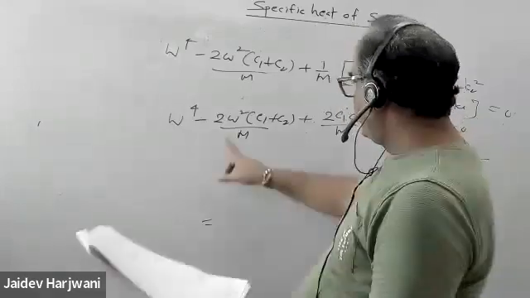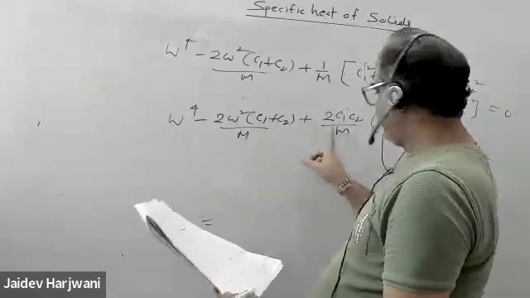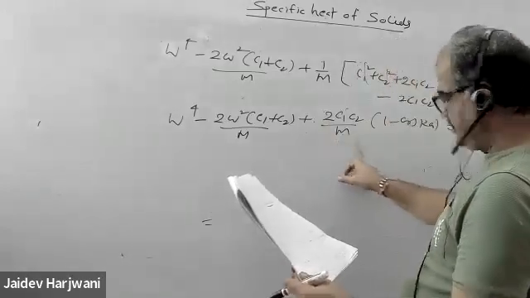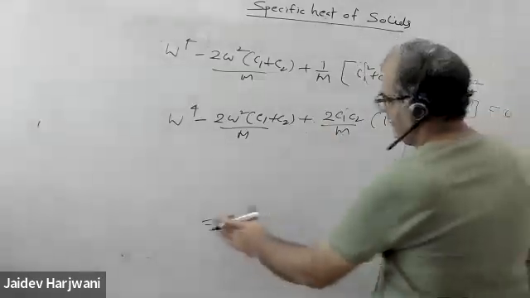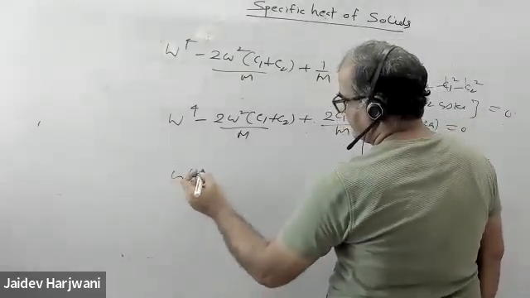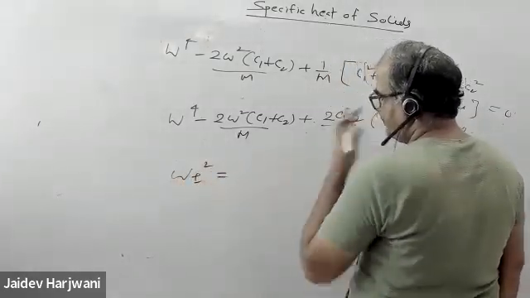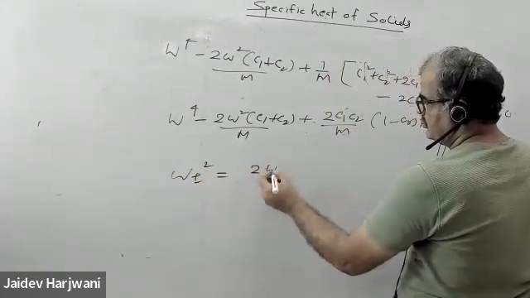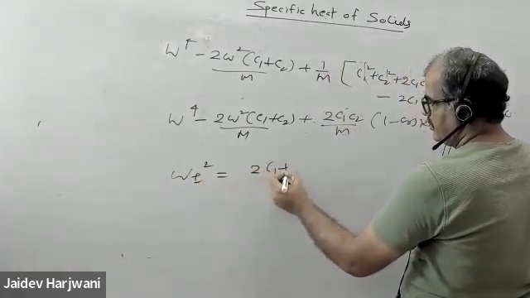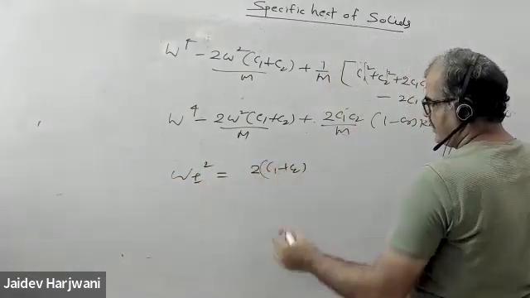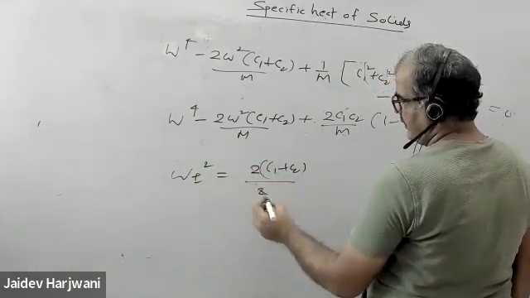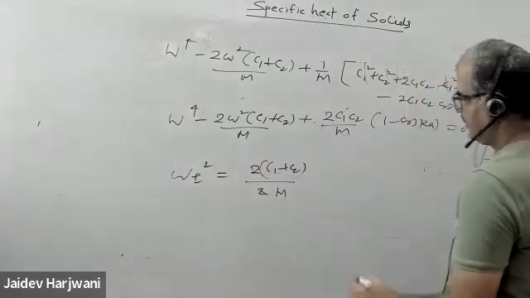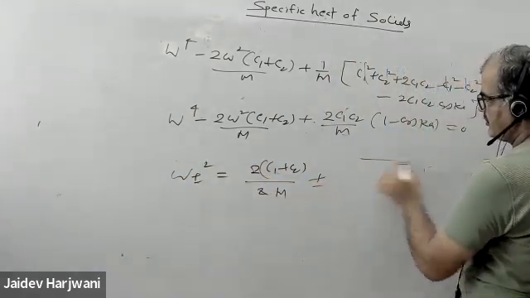So omega 4 minus 2 omega c1 c2 upon m, 2 c1 c2 upon m, 1 minus cos ka. Okay, so up to here it is correct. Now if I write omega plus minus square, okay, minus b, so minus b is 2 c1 c2, minus b upon 2a, and m is also there, and then plus minus b square.